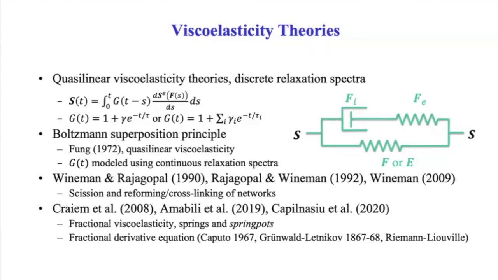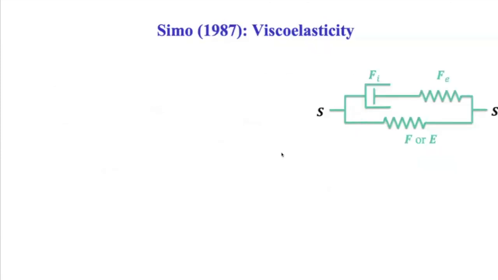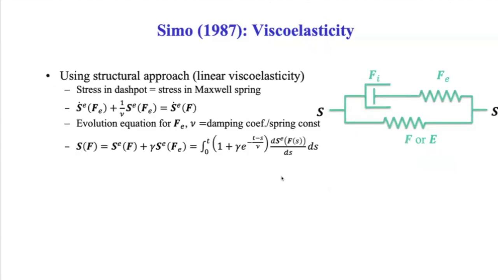This is just a quick review of the literature, and the modern approach for nonlinear viscoelasticity, which is available also in the biomechanics literature, is called fractional viscoelasticity. I'm not going to go over it. It just means that the differential equation here is not a linear ordinary differential equation. It's a fractional derivative.